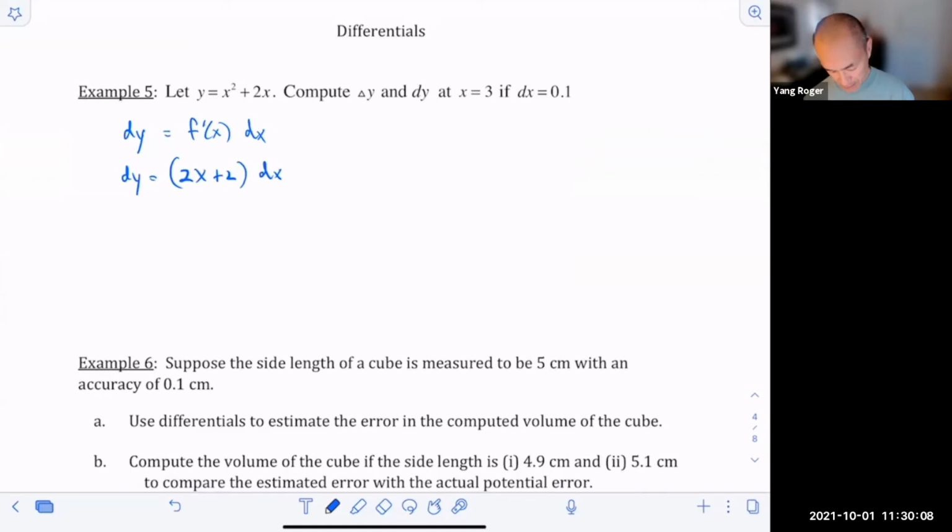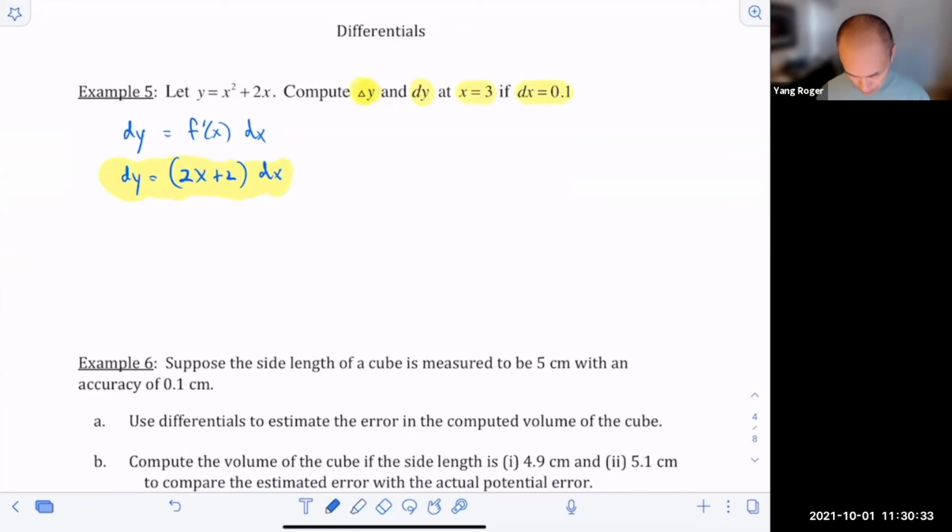That's it. Differential is easy to calculate. Now they give me specific numbers, and they want me to calculate both the delta y and the dy. And that's at x equal to 3, and they give me this small change. So I'm going to calculate the dy part first.